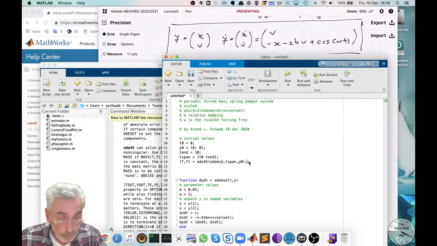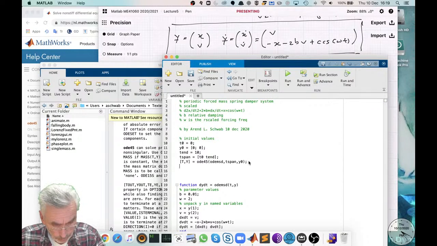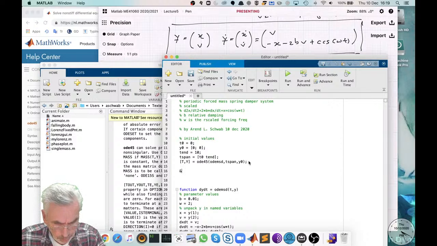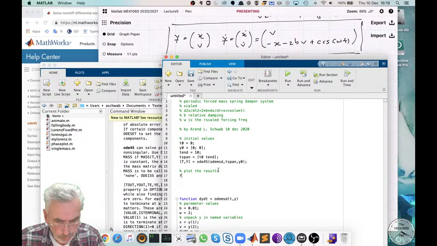And then we want to see some results, right? So plot the results, and that is a figure. And we want to plot as a function of time this.